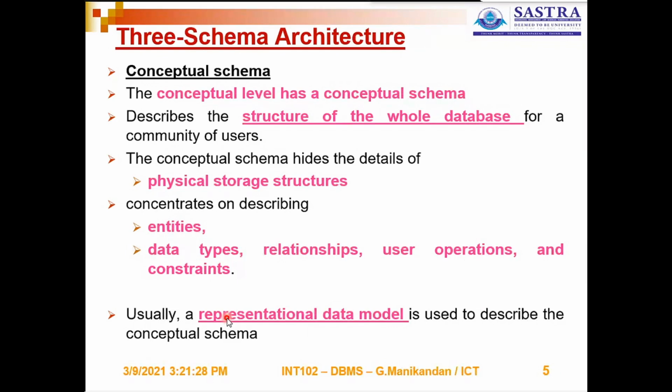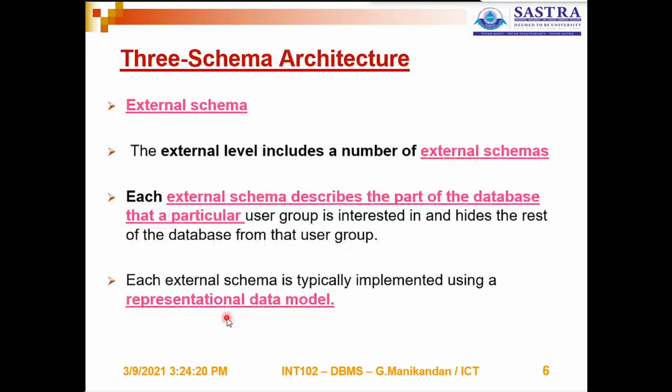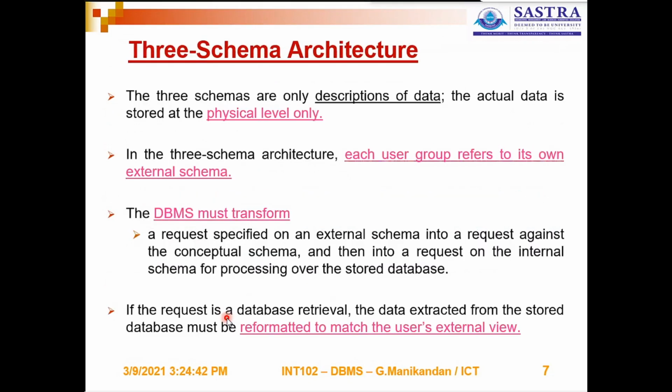For the user view, you are going to use the same representational model for the external schema. Now, these three schemas basically provide only a description of the data. They are not going to give any information related to your actual data. Your actual data is stored at the physical level, in the lowermost level.